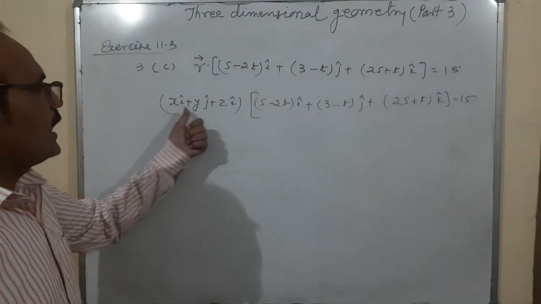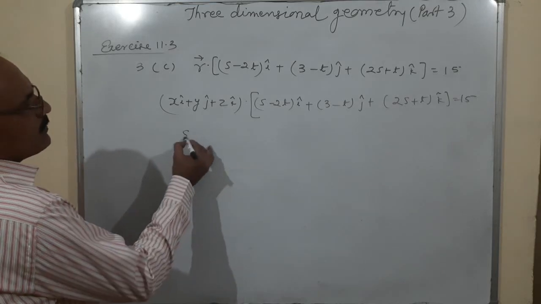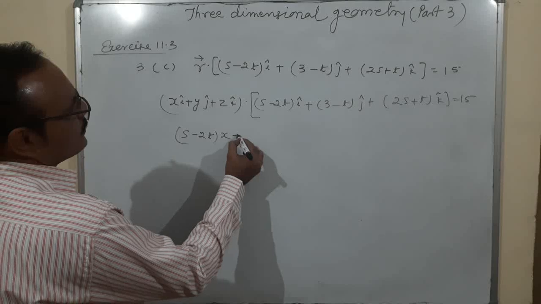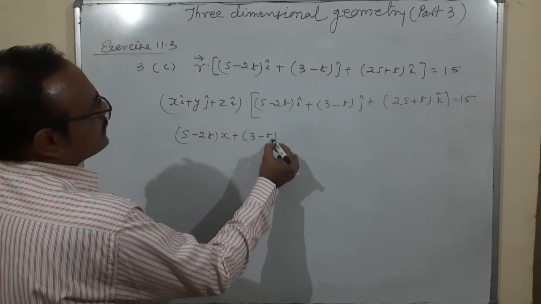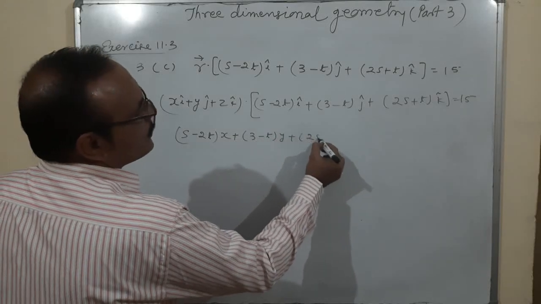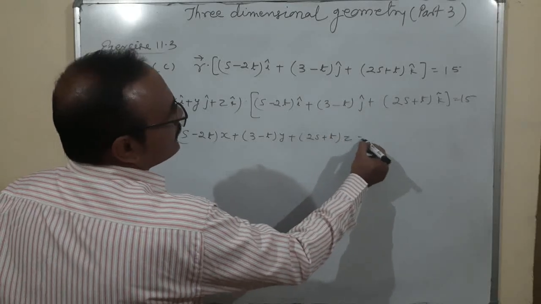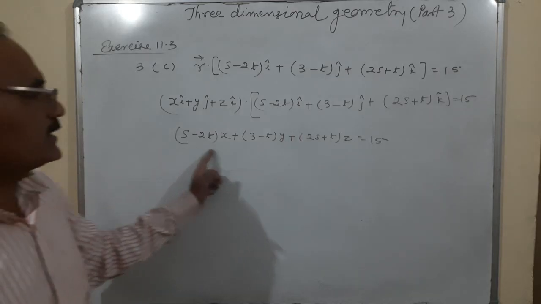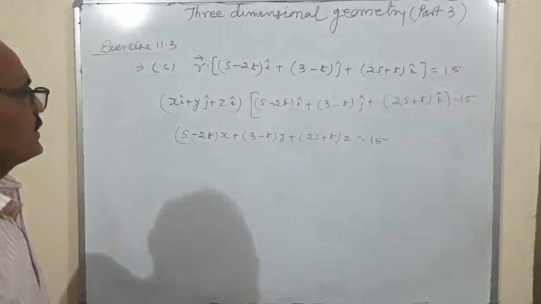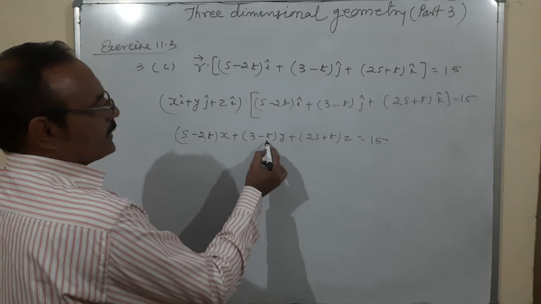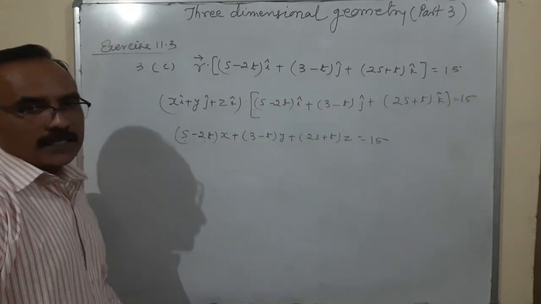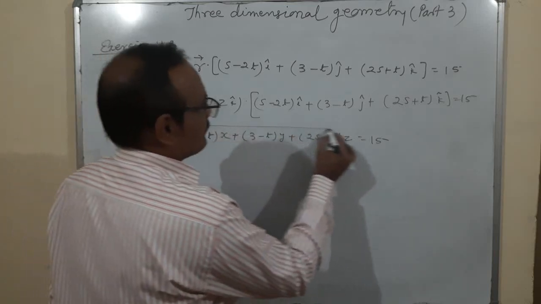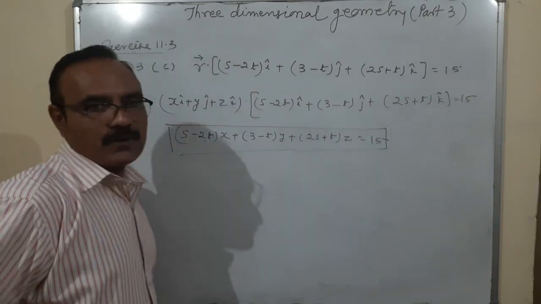So I multiply them, i with i, so it is coming (s minus 2t)x plus (3 minus t)y plus (2s plus t)z is equal to 15. Okay, so that is the Cartesian form of the equation, where s minus 2t, 3 minus t and 2s plus t are the direction ratios of the normal of the plane.